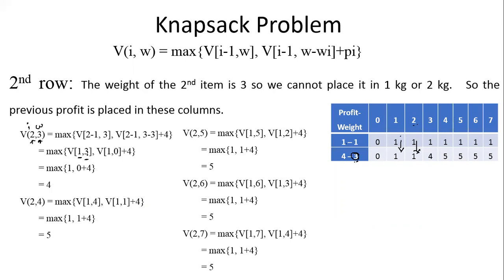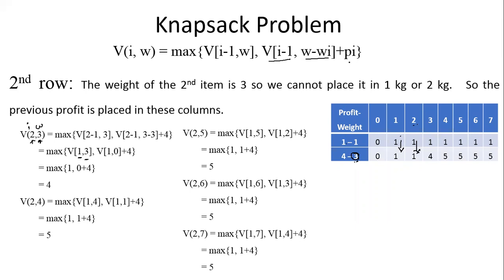So V of 1 comma 3. After that, V of I minus 1 comma W minus Wi, that is V of 2 minus 1 comma 3 minus 3. Here Wi means the weight of the item which we are going to place in the knapsack. That's why here Wi is equal to 3.